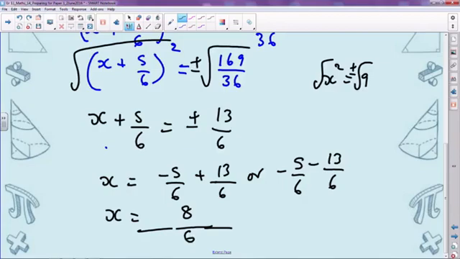And then this side I've got minus 18 over 6. And then you can simplify this to x is 4 over 3 or minus 9 over 3, which is negative 3. I'm doing it like you guys. Okay, so your x is 4 over 3 or x is negative 3.